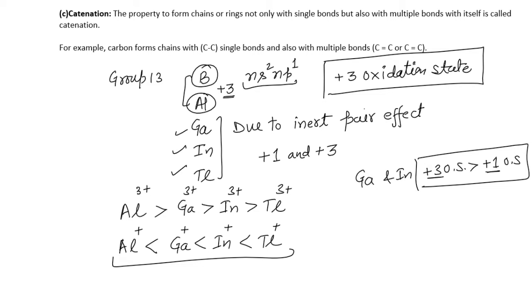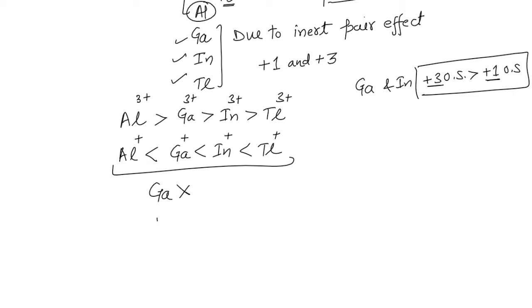That's why for gallium monohalide, in which gallium is in +1 oxidation state, and indium in +1 oxidation state, they undergo disproportionation.